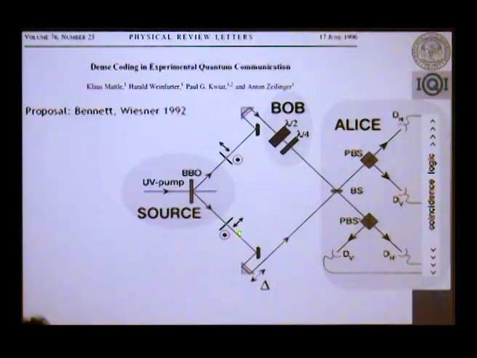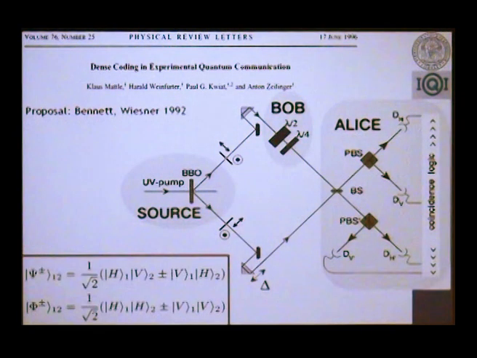Now, dense coding, which is actually a very nice idea: you have a source which creates entangled particles, and Bob has access to only one of the two particles. But by having access to only one of the two particles, he can navigate around in a four-dimensional Hilbert space. If these are the four maximally entangled Bell states, by just playing around with lambda over 2 plates, he can switch between horizontal or vertical polarization, and he can change the phase here.